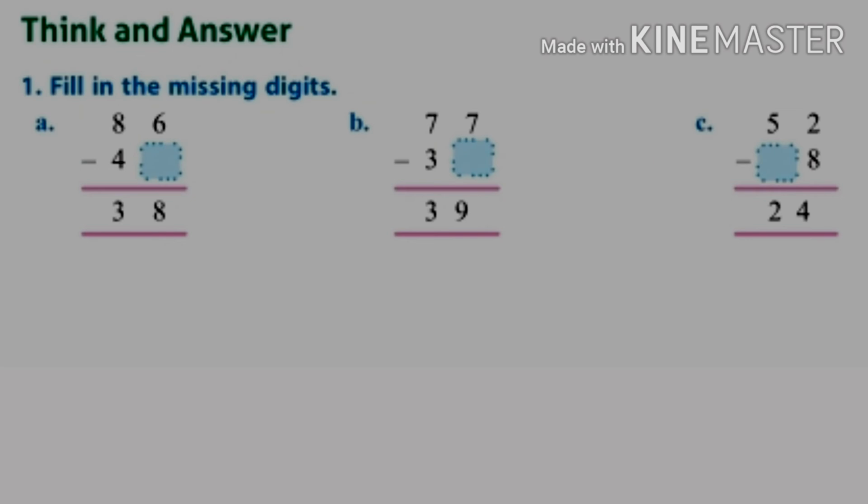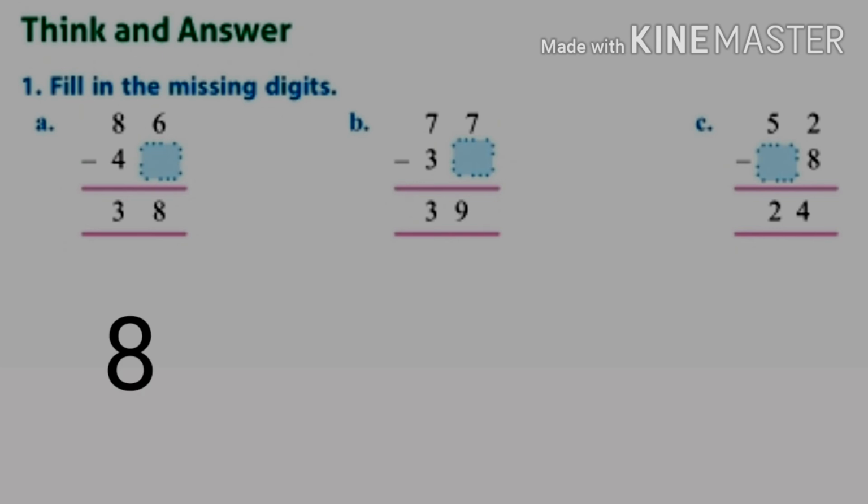Now we have to find out the missing digits. In the first problem, we can see that the digit in ones place is 6, and we have to regroup to get the answer as 8. So when we regroup, we get 16 ones, and from 16, if you take away 8, the answer will be 8. So the answer for the first number is 8.